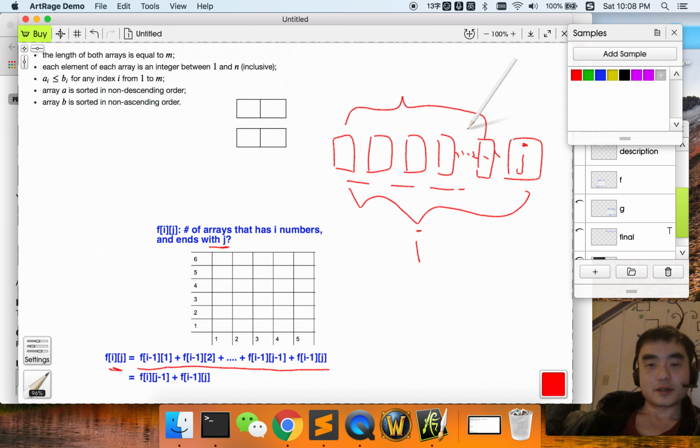For this part, we have i minus 1 slots, right? So what can we put here at the second last place, right? We can put a 1 here, right? As long as it's smaller than j, right? We can also put a 2 here, and we can go all the way up to j minus 1. j minus 1 is smaller than j, right? And we can put a j here. j equals j. So of course we can put a j here.